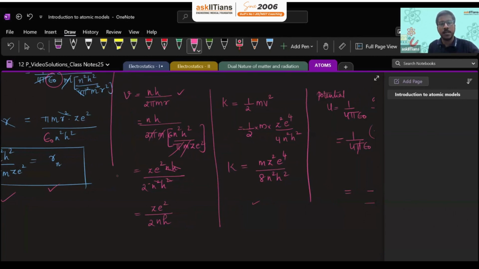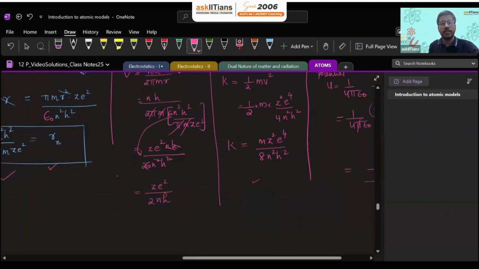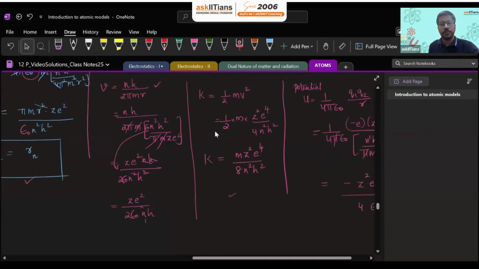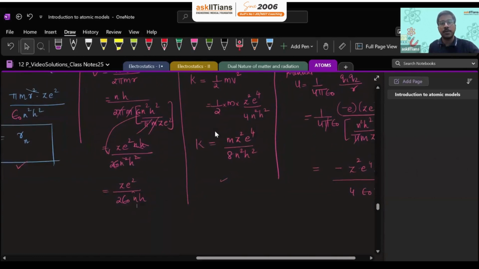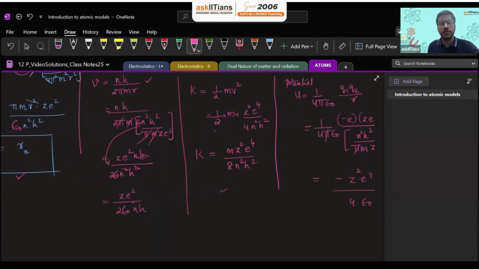There is a 2 epsilon naught nh, there is an epsilon naught here as well. So I'm putting that here, 2 epsilon naught nh. So velocity is 2 epsilon naught nh, so this becomes 4 epsilon naught square n square h square.